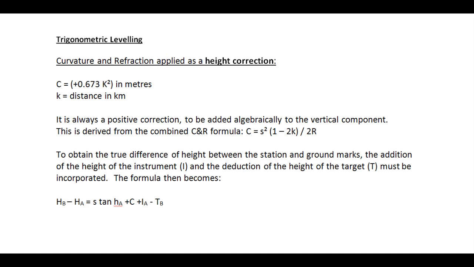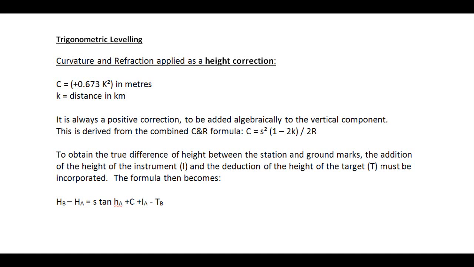Okay, so first up we're going to look at curvature and refraction applied as a height correction. The formula that we're going to use for curvature is plus 0.673 times k squared in meters, where k is the distance in kilometers.